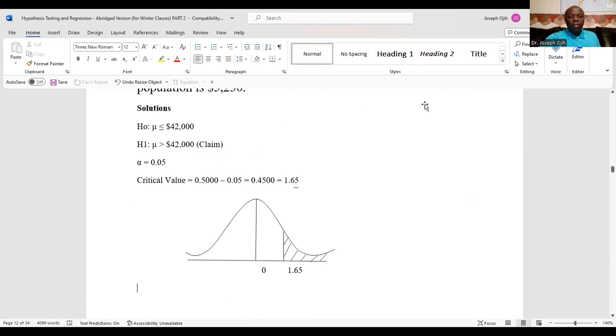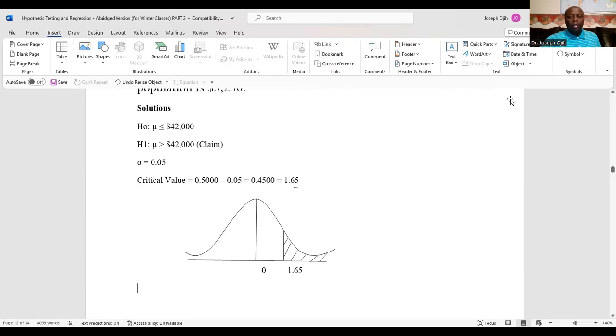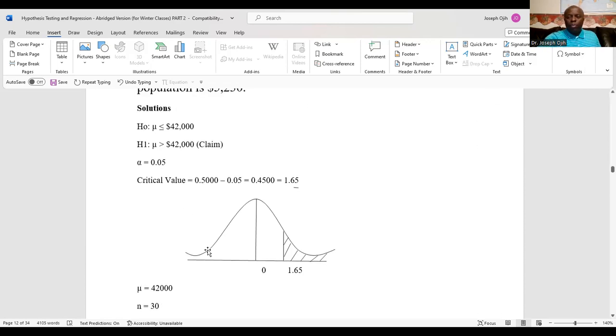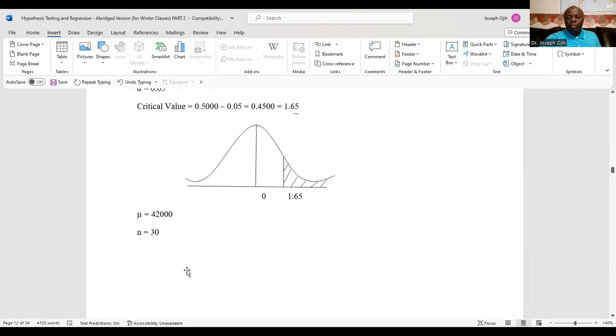So the population mean is 42,000, a sample of 30 assistant professors. We can't get X bar from this workbook, so we're going to get it from the other workbook and then put it here. So I'm going to take you to that workbook, because this one will not allow us to get it.